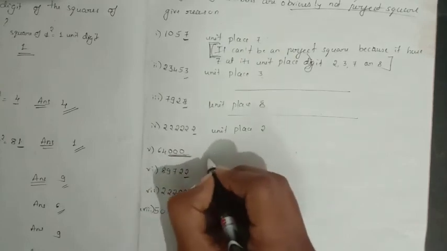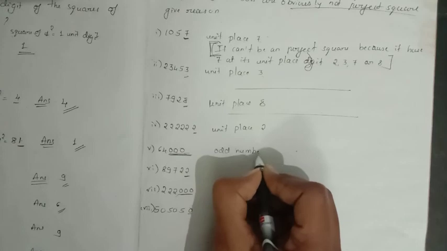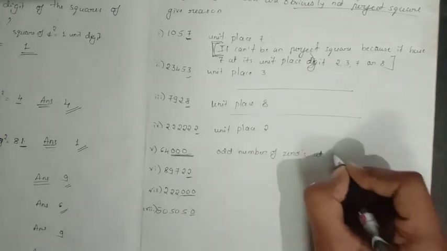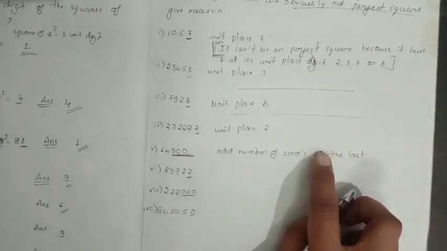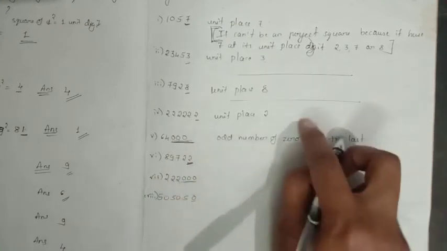Here there are 3 zeros, that means an odd number of zeros at the end, hence it is not a perfect square. I will not explain because I have already explained that concept. So 2 is at the unit place, hence it is not a perfect square.